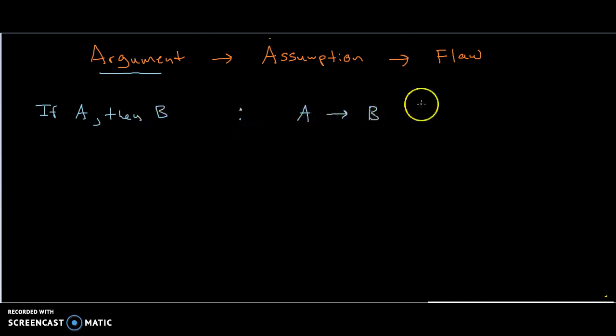In a previous video, I did mention something called the contrapositive. Other than this structure, if A, therefore B, this is really the only thing you need to have down.